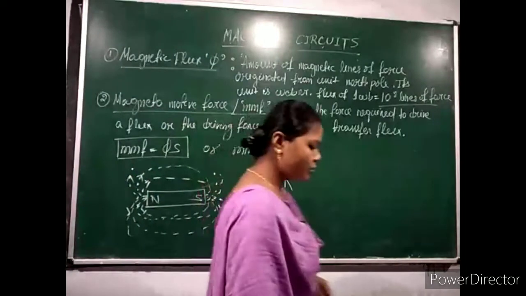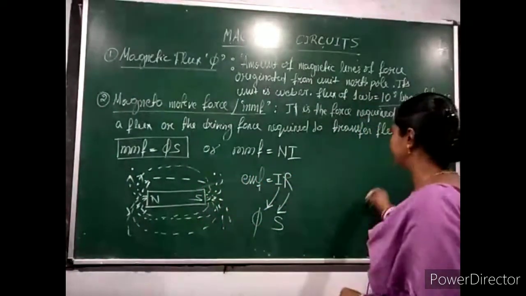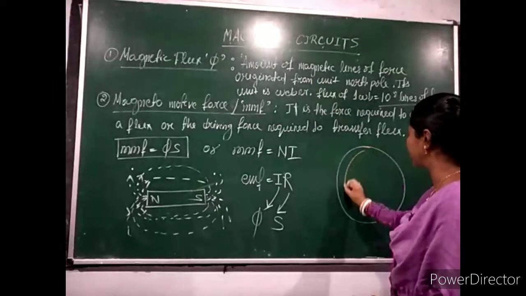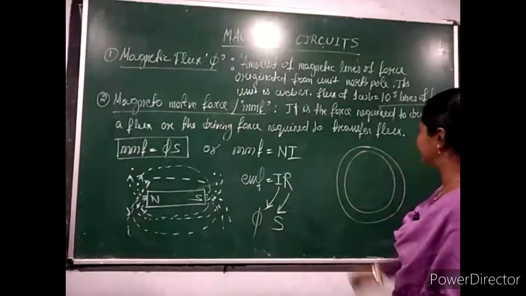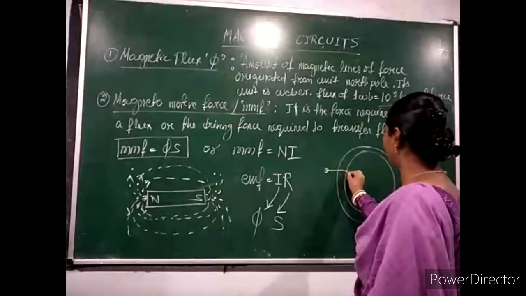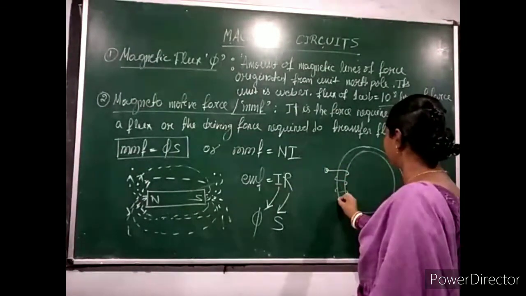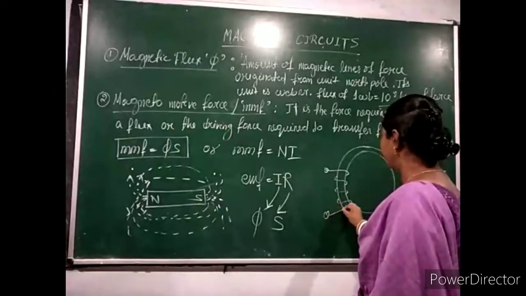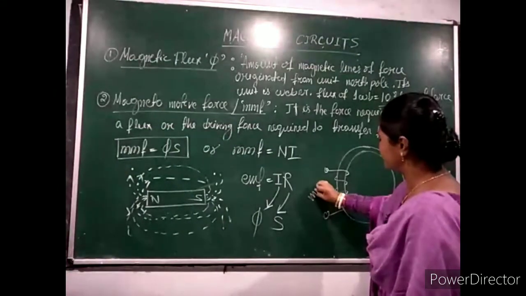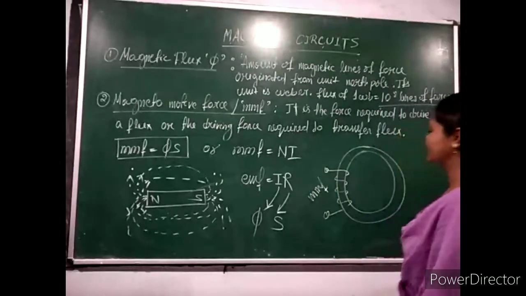So, from where do you get this relation? Suppose I take a magnetic circuit, a closed path, a ring, and I wind n number of turns of coil upon this ring and give the external force named MMF.